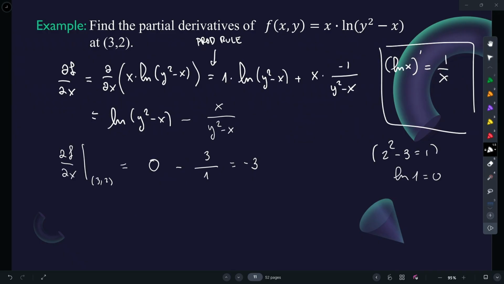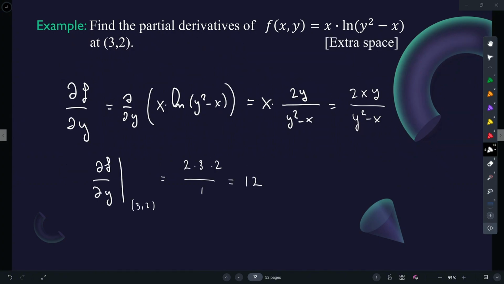How do I interpret these derivatives? Last time I actually showed you the graph of this function. I don't remember what it looks like. But we can interpret that one is minus 3, the other one is 12. What does that tell me? What's happening at the point 3, 2 is, first of all, what is the value at 3, 2?